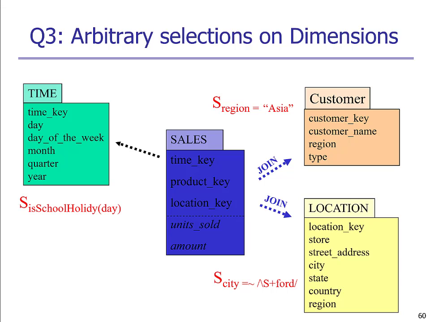A better way would be to do the selection on each and every dimension table, such that we can filter some of the data, and then do the join using these four tables, with their foreign keys and primary keys.